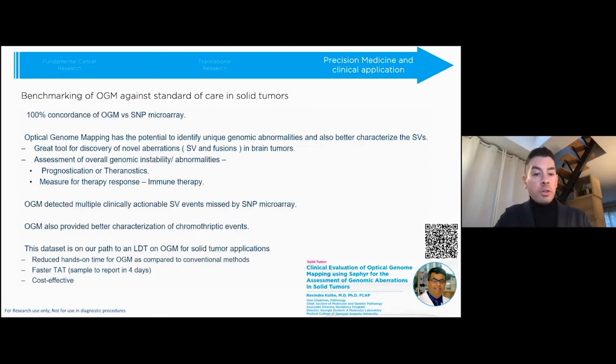You clearly do not want to use 30 different FISH probes here. And also the potential to improve SV characterization in those complex karyotypes that have been shown by Dr. Raka. So the results are so conclusive that this study is on the path of a laboratory developed test for solid tumor at Augusta University.